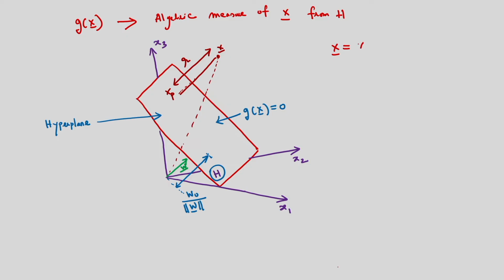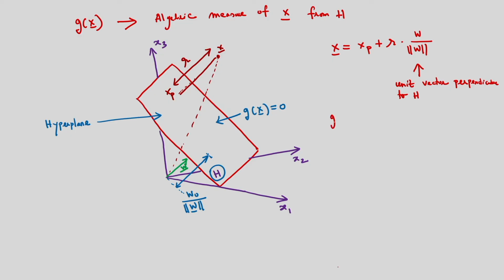X is nothing but XP plus R times W over W norm. What is this actually? This is the unit vector perpendicular to H. So that is the meaning of this.